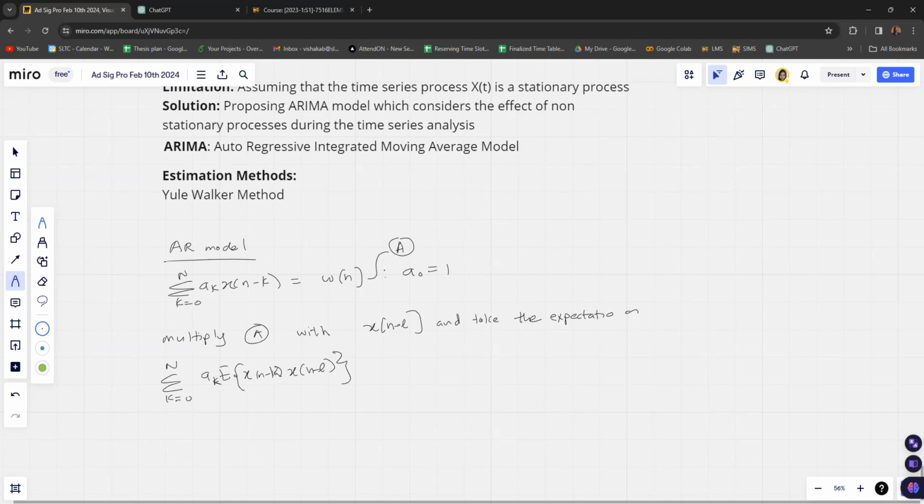So the same expression has been taken, and I'm going to multiply each of the expressions by x n minus L and take the expectation. By definition this is the autocorrelation when the time gap is L minus K.